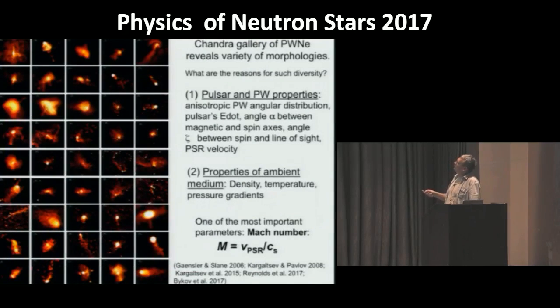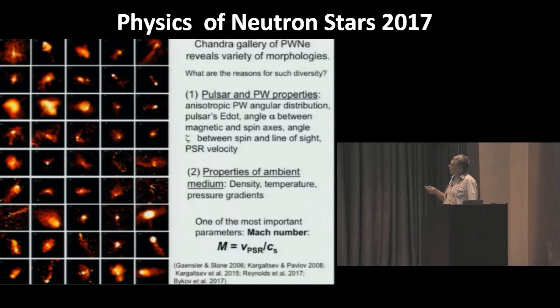So we recognize some famous ones. The ones from the previous slide, the Crab and the Vela pulsar wind nebula, are here, right? Then this is the other one shown before. So this is just a gallery. It's not complete actually, and there are all kinds of shapes you can see here.